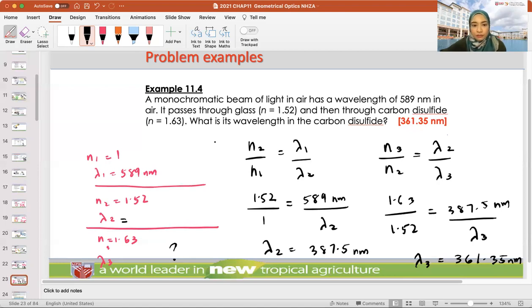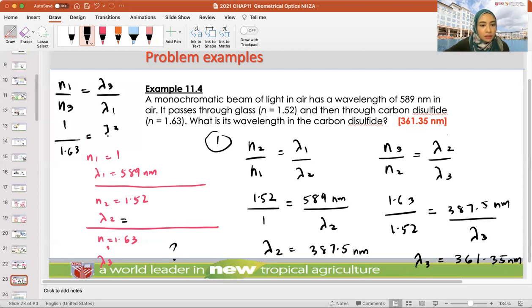Okay, so this is your first approach. You can do it like this, or you can go for a shortcut whereby you equate N1 over N3 is equal to lambda 3 over lambda 1. Remember, it's a ratio. You can just go straight forward to the ratio. So if N1 is equal to 1 and N3 is 1.63, lambda 1 is 589, right?